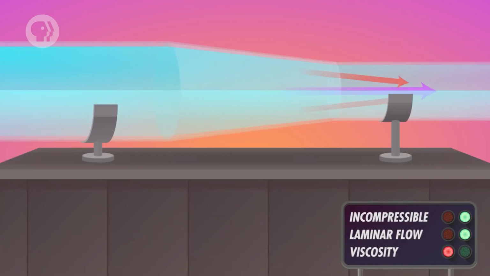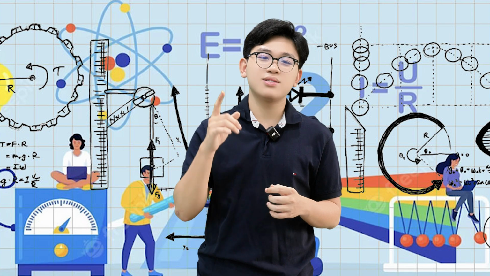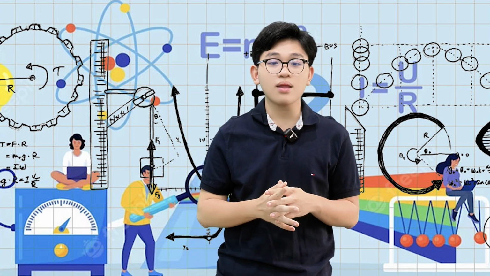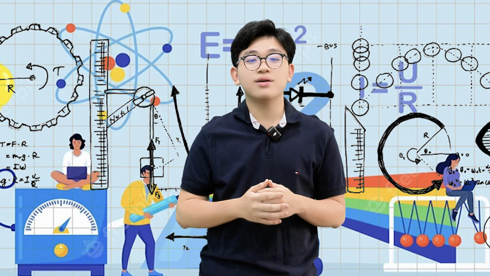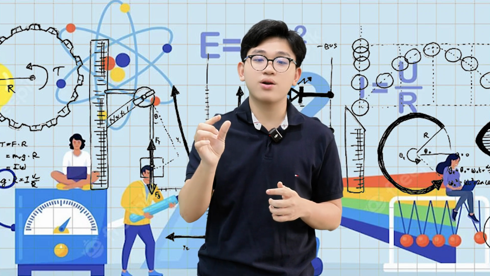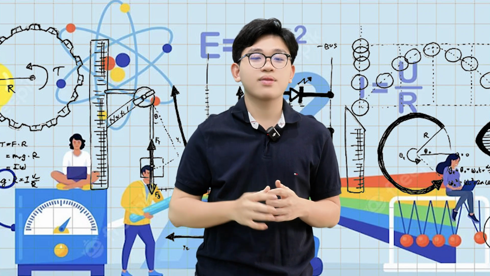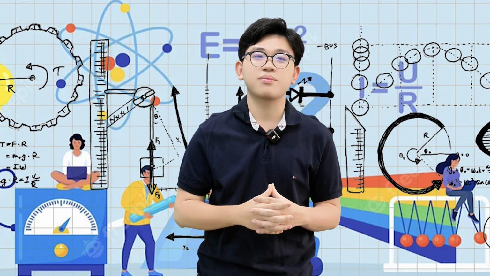Now, imagine you've got some water flowing through a pipe and the pipe is narrow in some places and wider in others. What happens when the water moves through the narrow part of the pipe? Well, the key point here is that the mass of water moving through any section of the pipe is always the same, no matter where you are in the pipe.